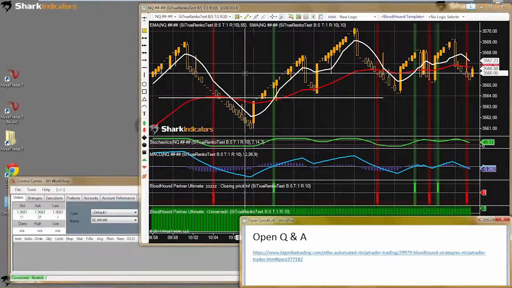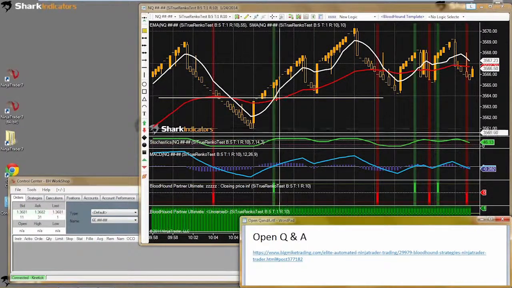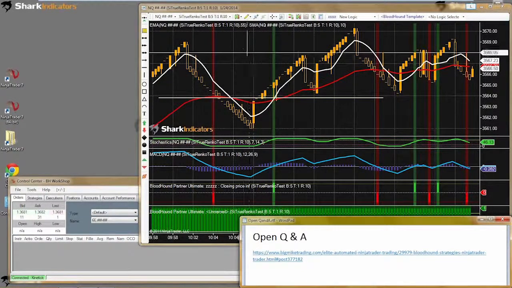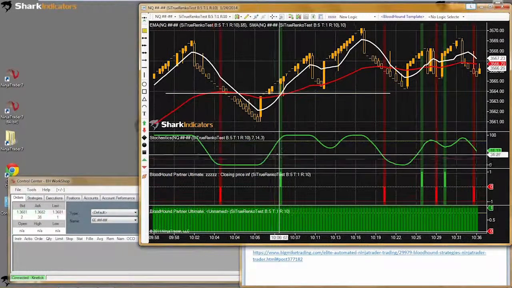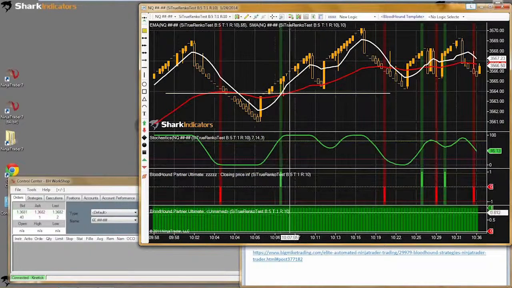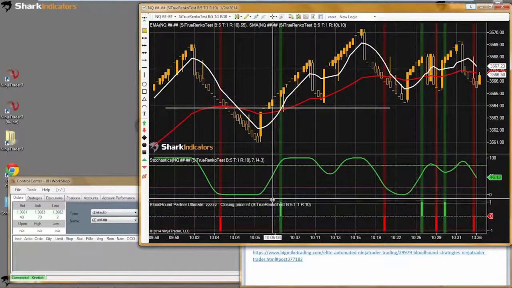What I've been hoping to do is, let me get rid of some of these indicators here on this chart.